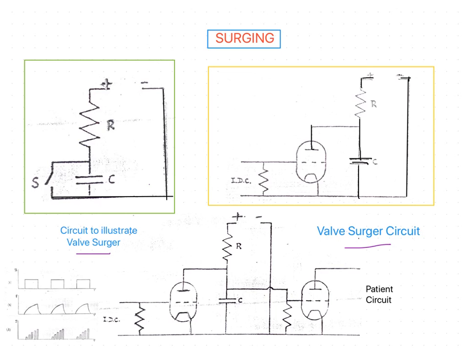The valve surger works on a principle. In the circuit we find a switch, a condenser, and a resistance, and the condenser is attached to the source. When the switch is open, the condenser charges through the resistance R from the source of supply.